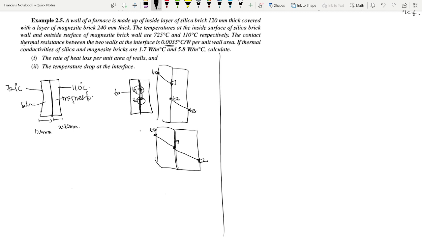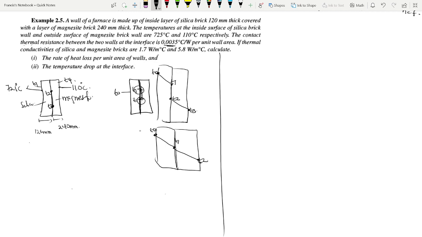There will be a thermal resistance only when there is a temperature drop. So from this interface to this, there is a temperature drop. Let's call it T2, T3, because we don't know. Let's call this part T1 and this part T4.